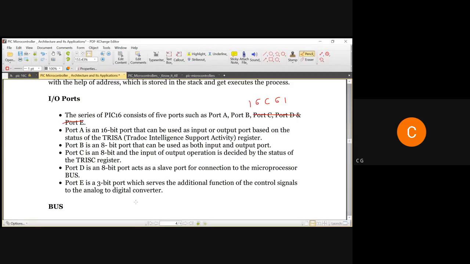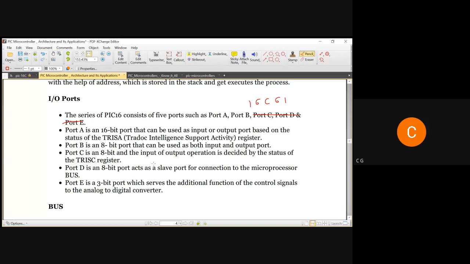That action I will show you in some of the references. So you can see, when we focused on only the 16C61, the question can be how the digital to analog converter in PIC microcontroller is functioning.